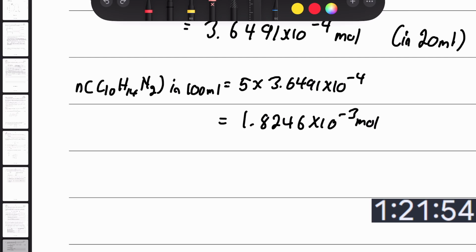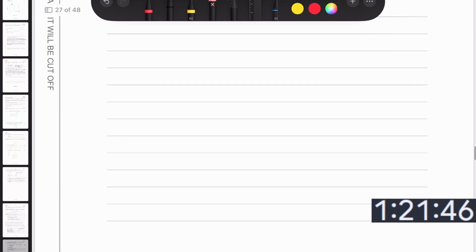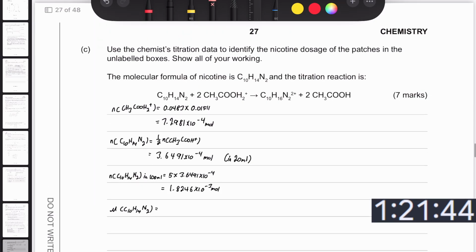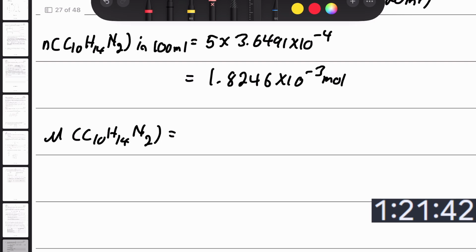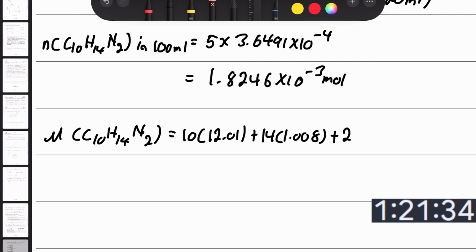So then let's find the molar mass of C10H14N2, equal to 10 times 12.01 plus 14 times 1.008 plus 2 times 14.01.